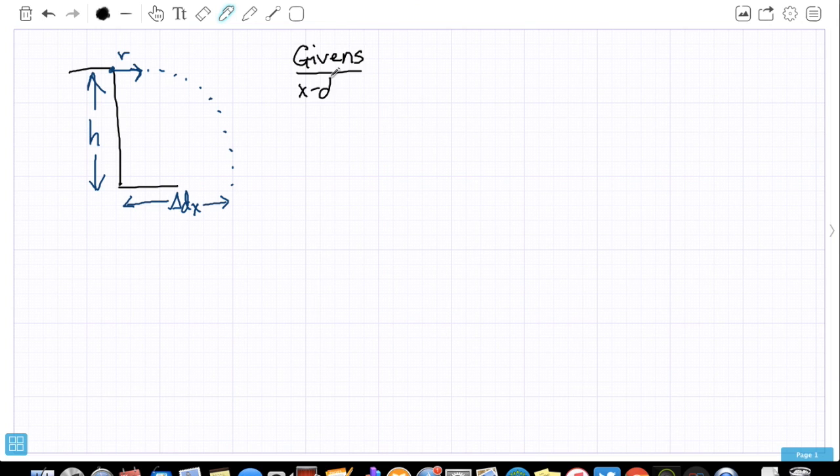So in the x direction, what do we know? Well, we know that projectiles do not accelerate in this direction. So the acceleration is 0. And we know the initial velocity, which is also the final velocity, because there is no acceleration, and that's equal to v.